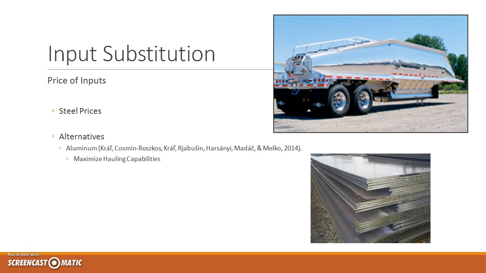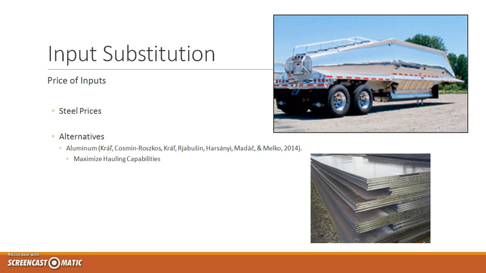The second thing to look at is the price of the inputs. Steel is going to be the main component of most of these trailers. Now, steel prices have fluctuated greatly in the last few years, and they've definitely been on the increase overall. So these increased steel prices have driven companies to look for possible alternatives, with aluminum becoming a popular model.